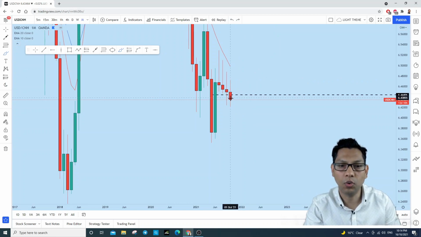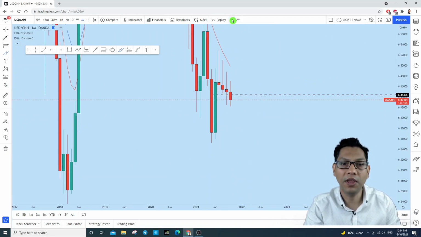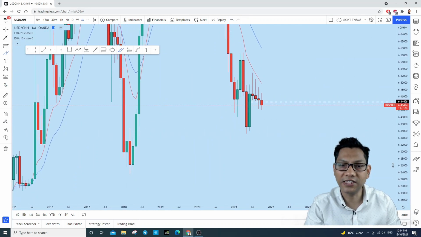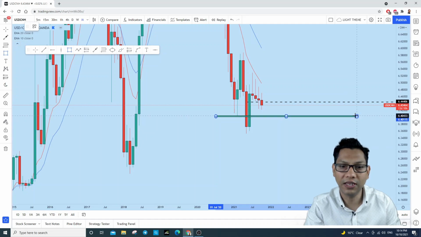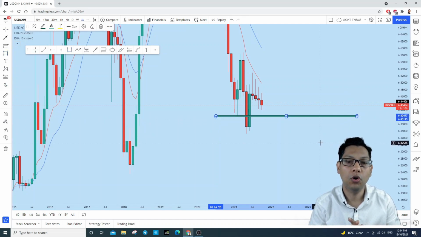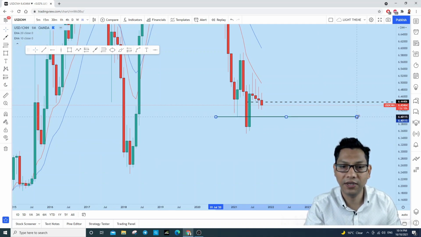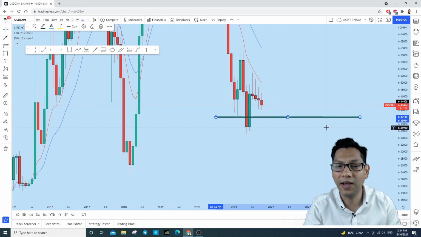So as a result, we are seeing that the price is dropping. Now from here, what we can expect is USDCNH to drop at least to this level on the monthly. So we have a long way to go on the monthly, as you can see this distance is a big distance based on the monthly time frame.